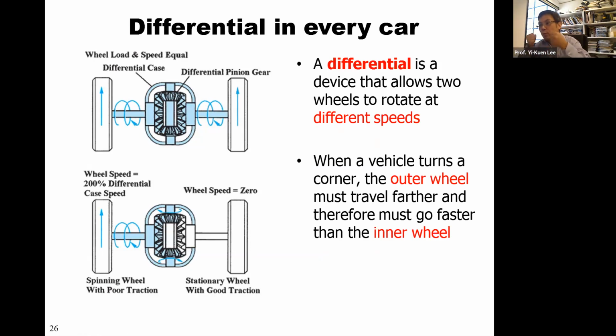When you move your car and make a turn, left or right, you have to have this kind of differential gear. Differential gear allows the 2 wheels to rotate at different speeds. Okay, without this kind of differential gear mechanism, your car cannot work. Every car has this differential gear mechanism. So this becomes a very important thing.